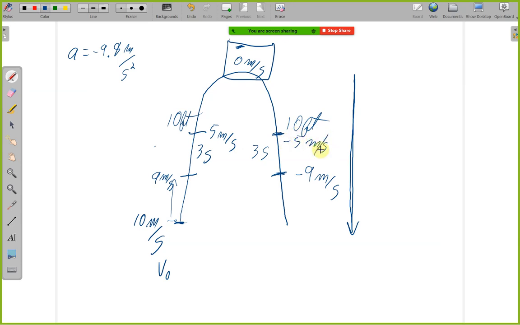So what you always have to keep in mind is as it's going up, it's slowly coming to zero. But then as it comes down, your velocity is once again increasing. It's going from zero, and by the time it gets back down to here, we know it has to be negative 10 meters per second. So your velocity is going to be the same, except it's going to be negative because your direction has changed.